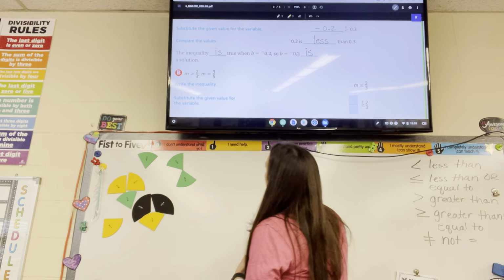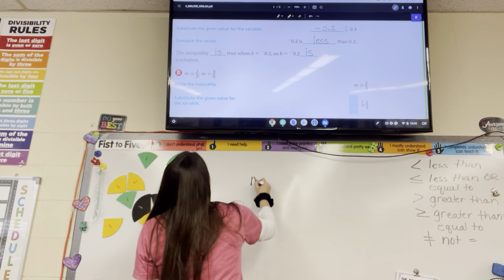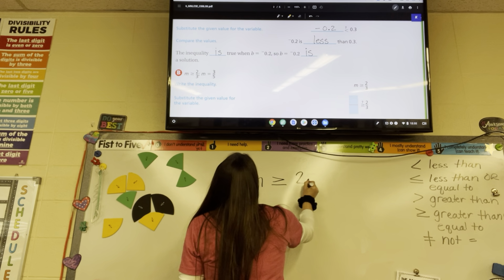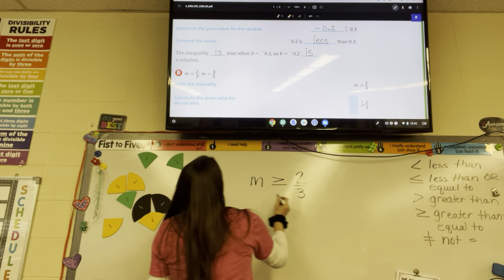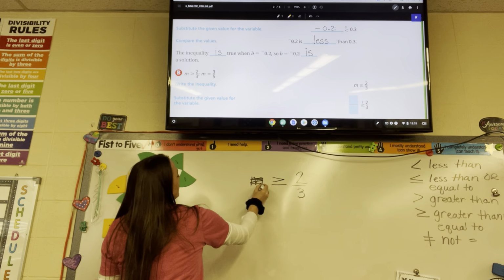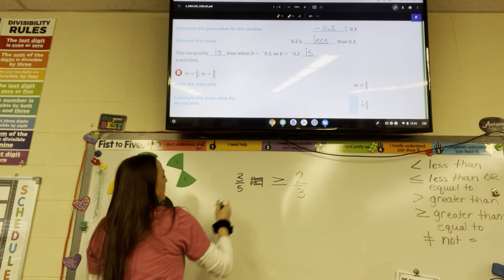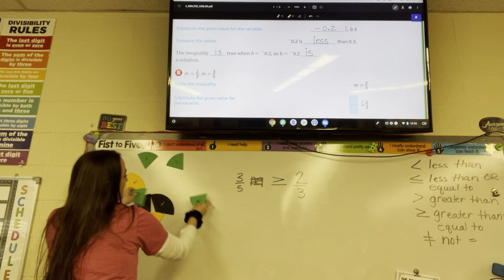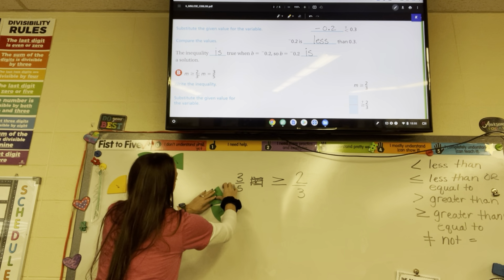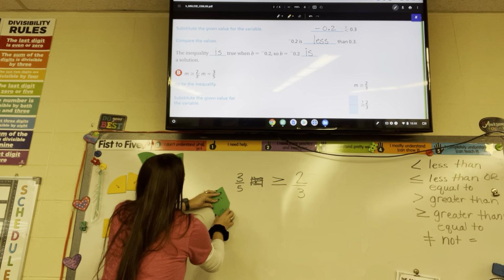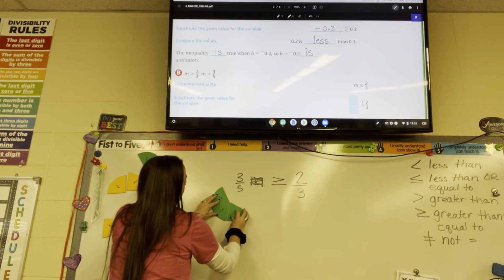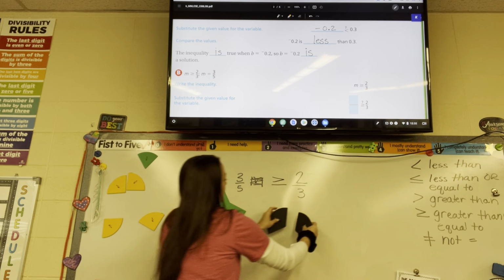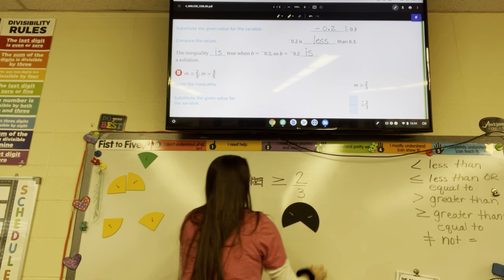So the next one, the inequality is m is greater than or equal to 2/3. And we're going to plug in 3/5 for m. So now we have to figure out if 3/5 size parts is greater than or equal to 2/3 size parts.